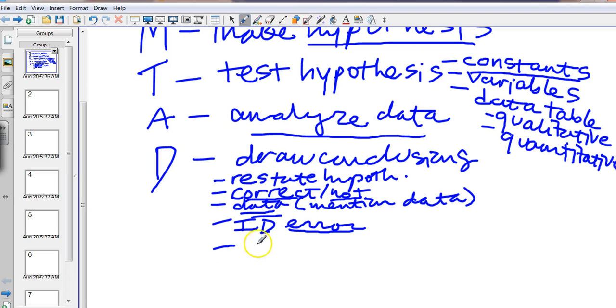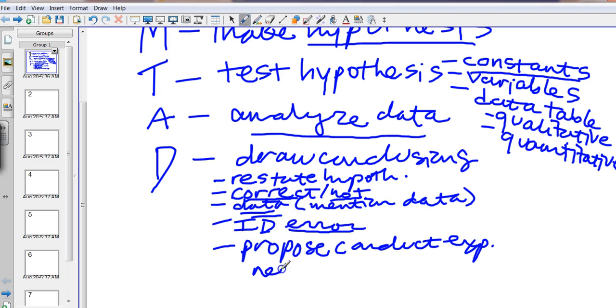And then you want to propose how you would conduct the experiment the next time. So if you were to do this again, what would you do different to make it more scientifically accurate?